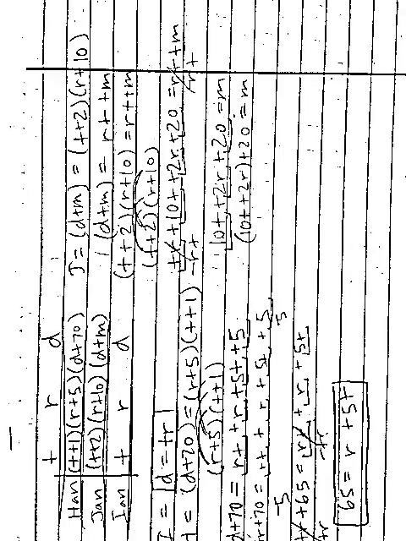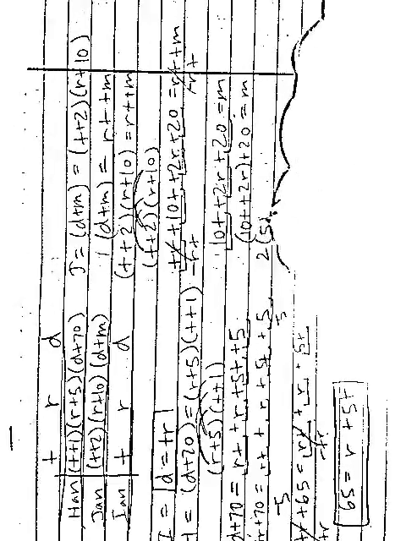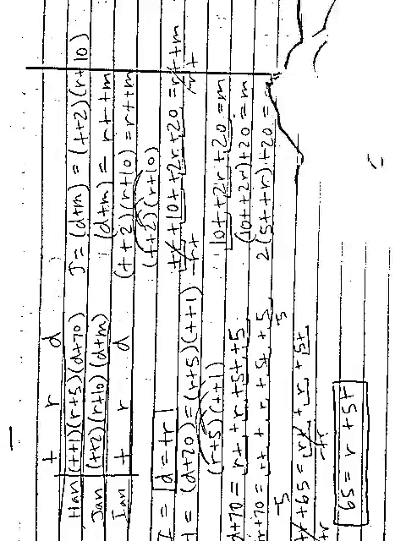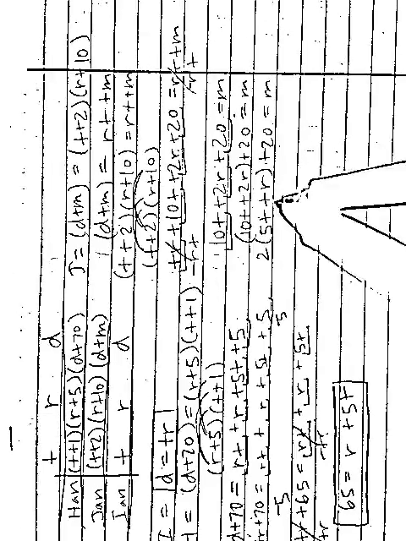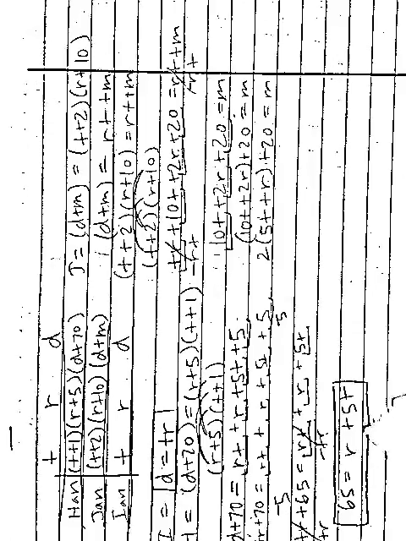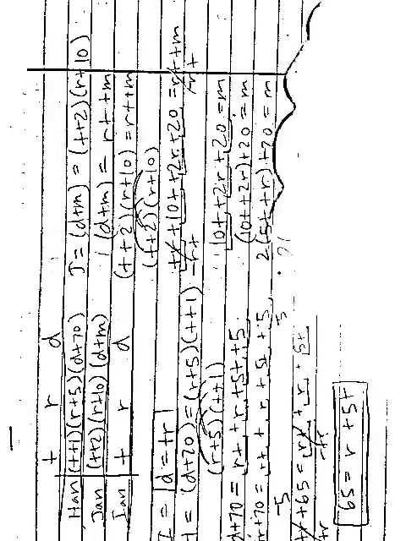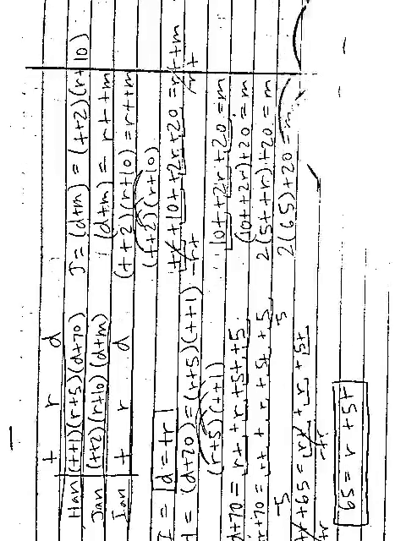I'm going to factor 2 out of this. So it'd be 2 times 5T plus R, plus 20 equals M. The reason I did that is because 5T plus R is equal to R plus 5T, which equals 65. So if I substitute that in, it'd be 2 times 65 plus 20 equals M.